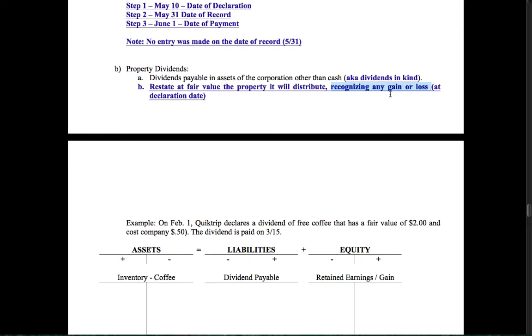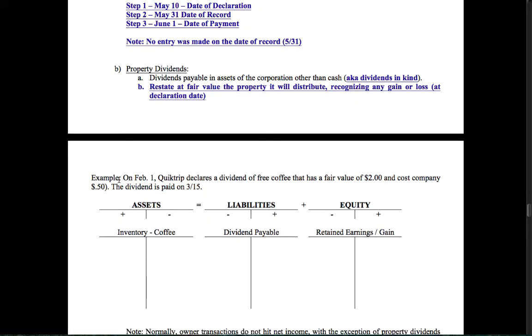However, if the book value and the fair value are equal to each other, then you will not recognize any gain or loss, thus it would not impact net income. So that is the circumstance in which a dividend owner transaction could impact net income. We'll walk through an example here to make sure that we understand that concept.